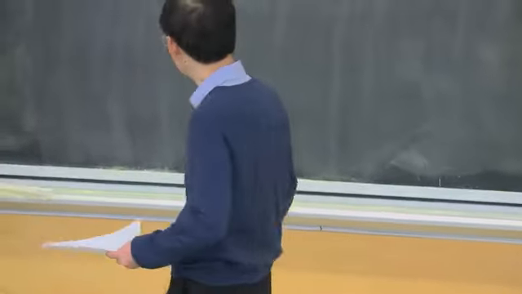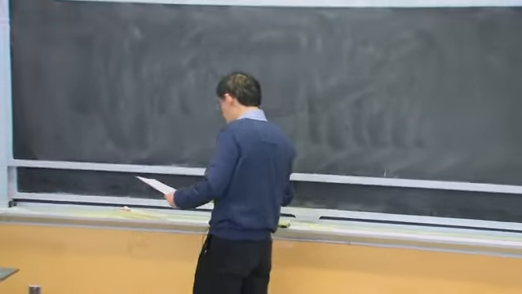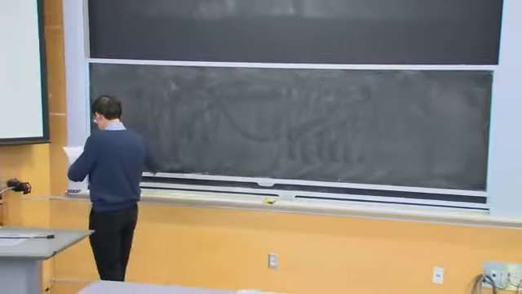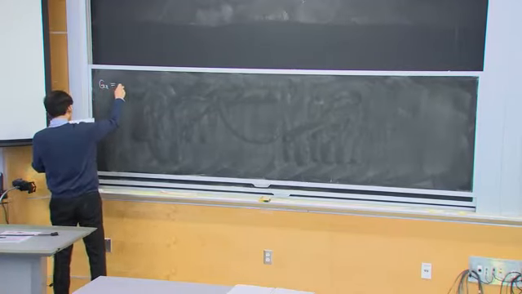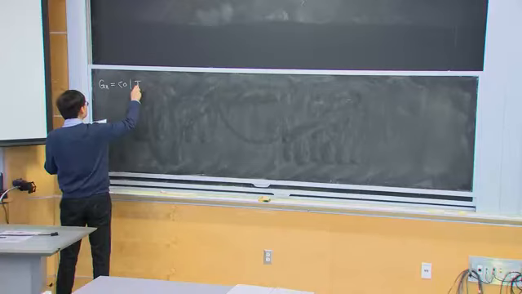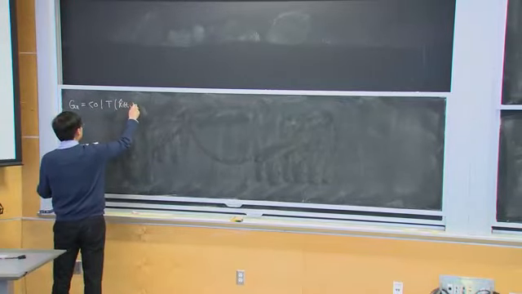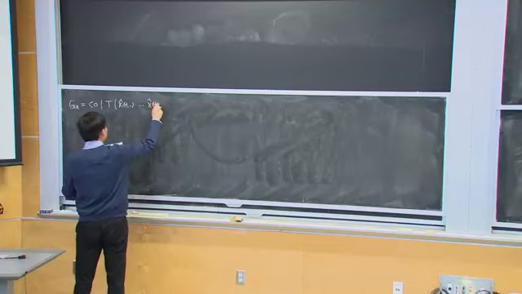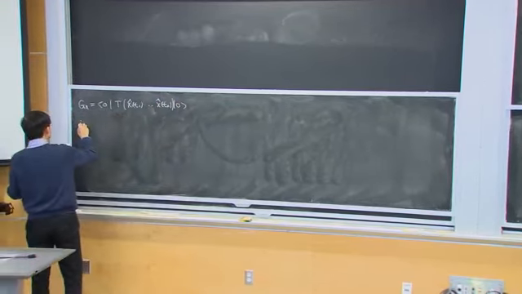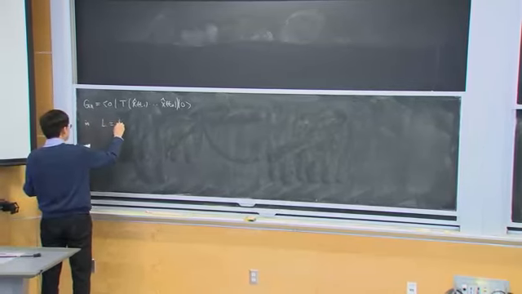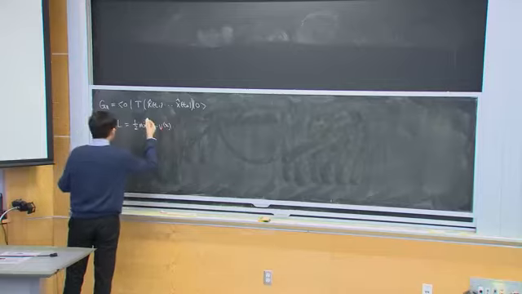So last time we discussed how to calculate such a correlation function, say G_n, in a single particle theory, say using path integral.